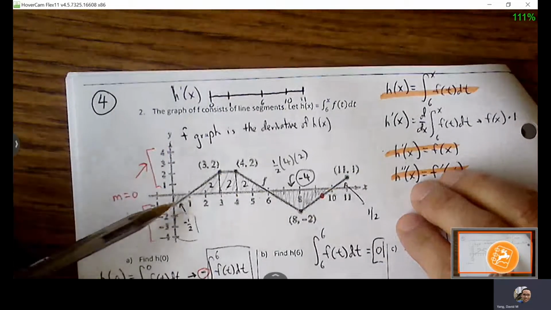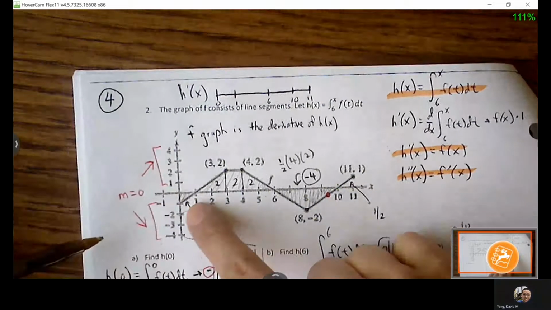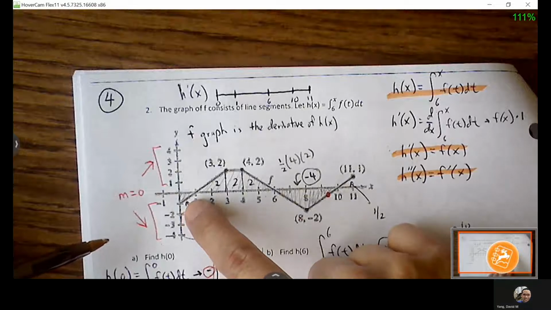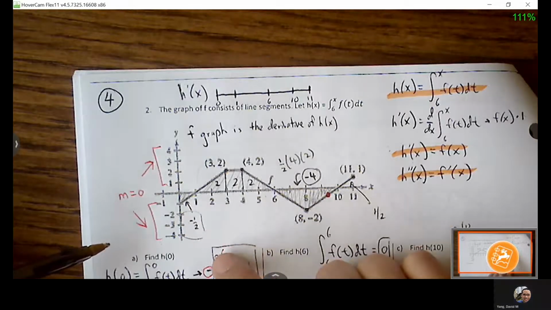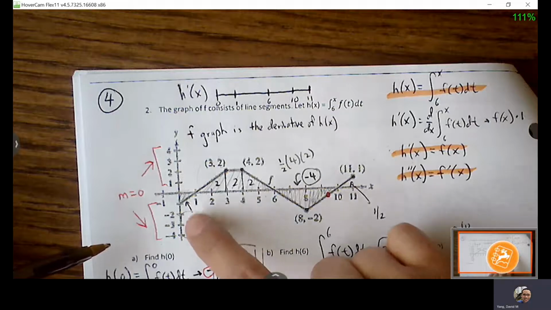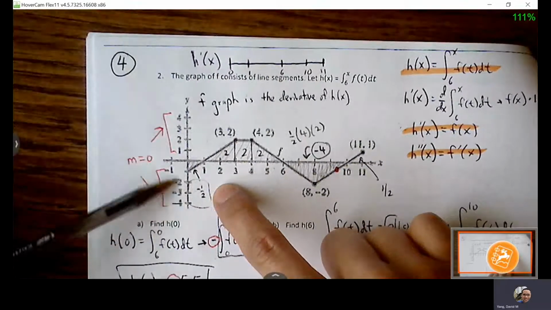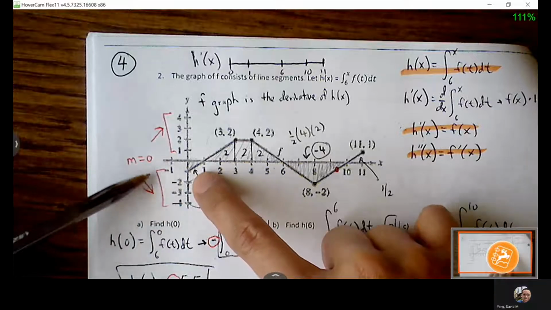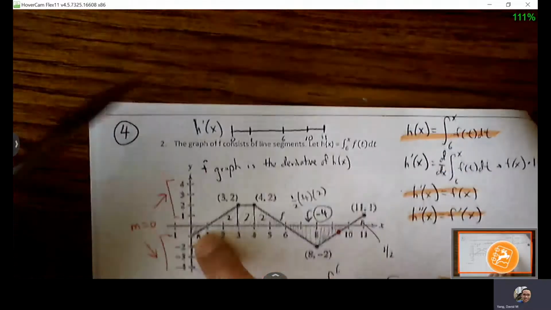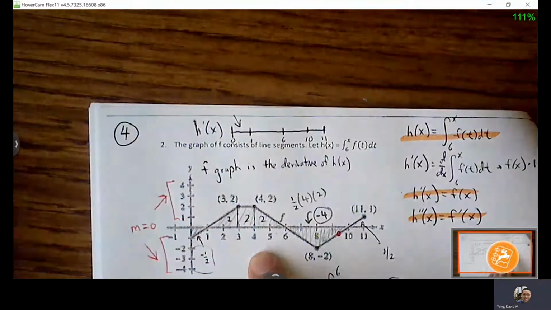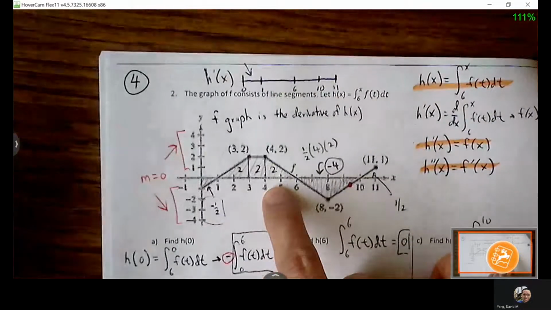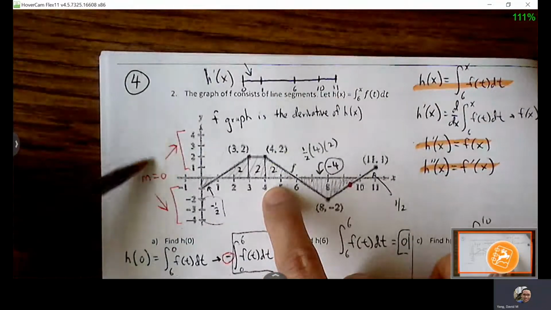So what do you notice between 0 and 1? Positive or negative slope? Well, the slope is showing positive, but where's it located though? It's located below the x-axis, right? So location is going to tell us the slope. Okay, between 1 and 6, above the x-axis.